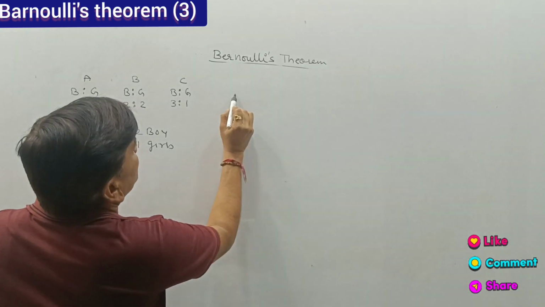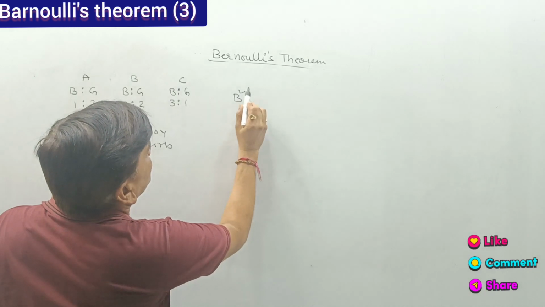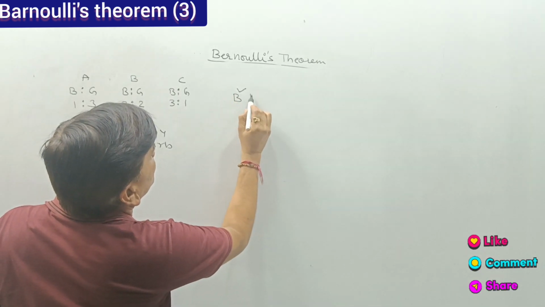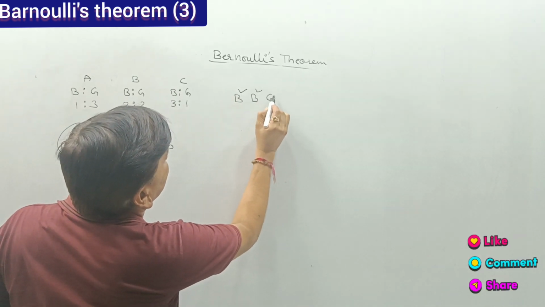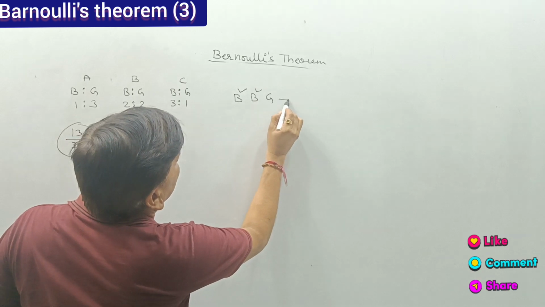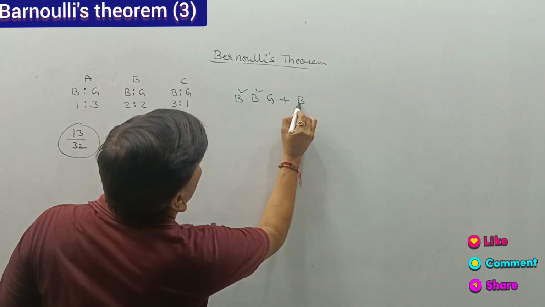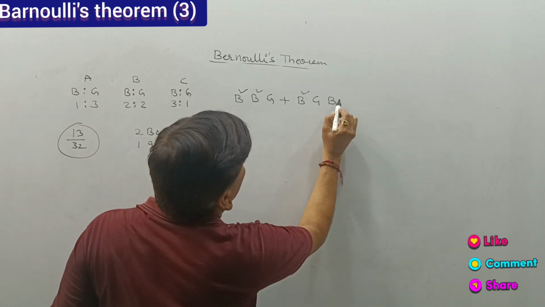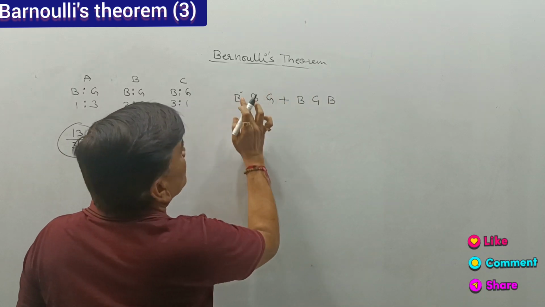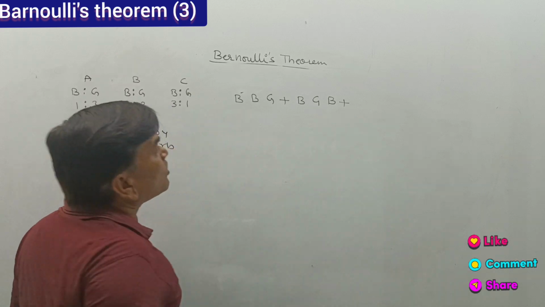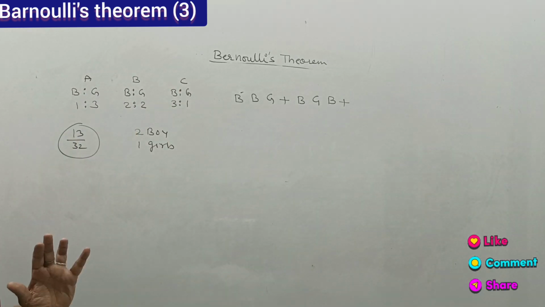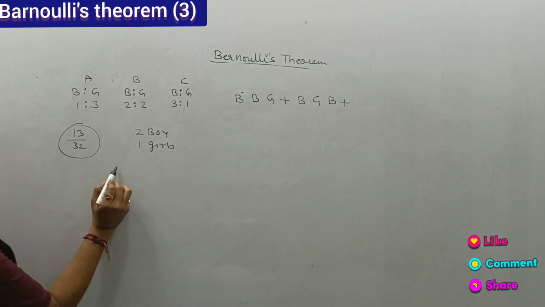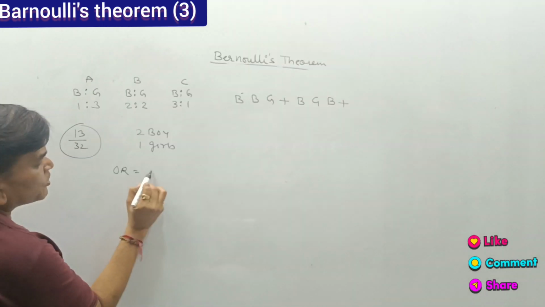So it may be possible: boy in the first group, boy in the second group, and girl in the third group. It may also be possible: boy in the first group, girl in the second group, and again boy in the third group. Whenever "or" is there, we have to use plus.